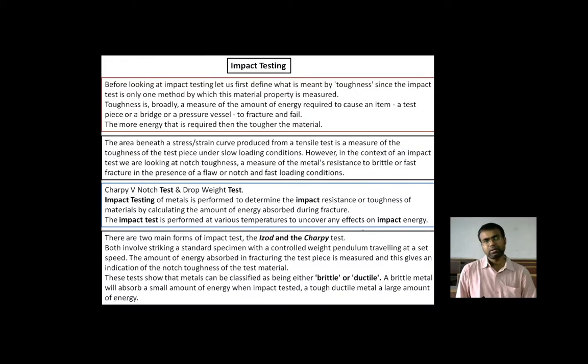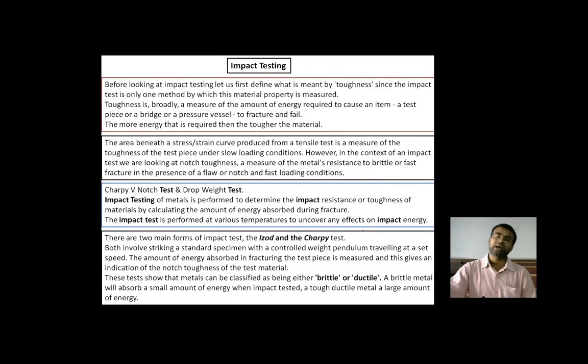That if a material or a product made by the material is working in an open environment and suddenly something is hit directly onto that particular product, what will be the condition?